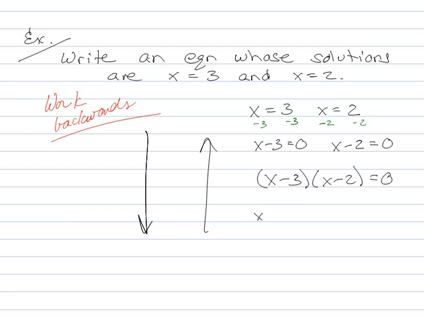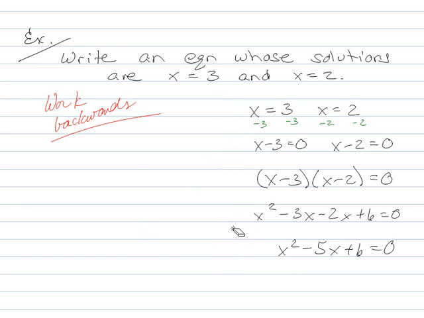And then if I FOIL it, I get x squared minus 3x, outer, inner, last. We did a similar problem. But basically, instead of starting here and factoring this way, I started here and went down. So that's about the only other thing they could do with this problem. But I'm just going to give you a ton of other examples in an upcoming video.